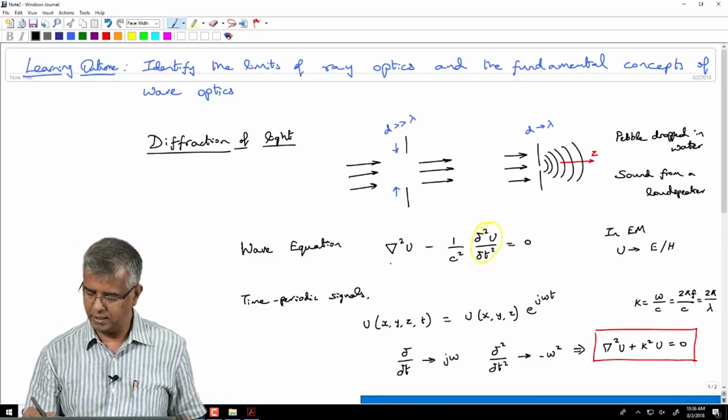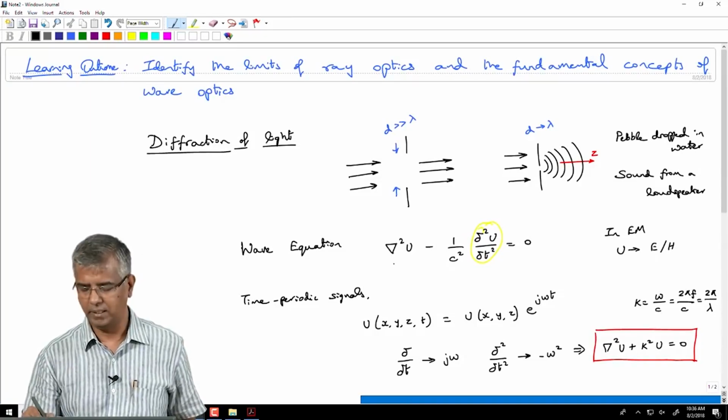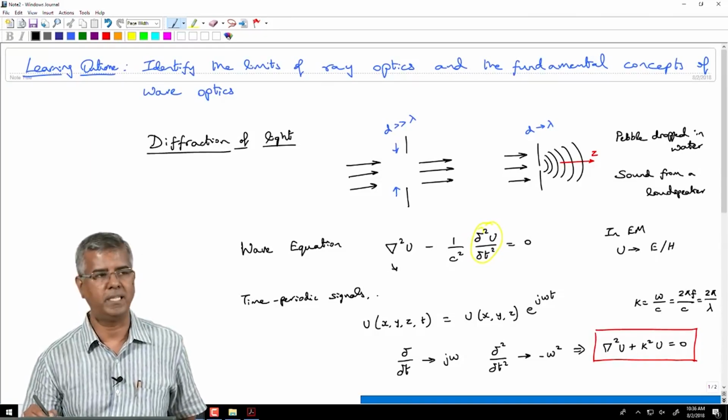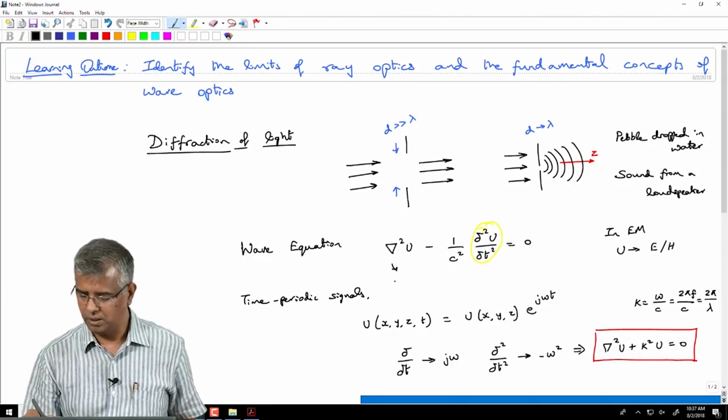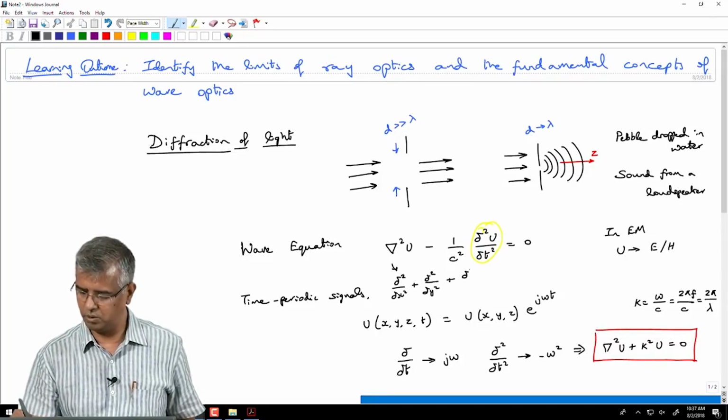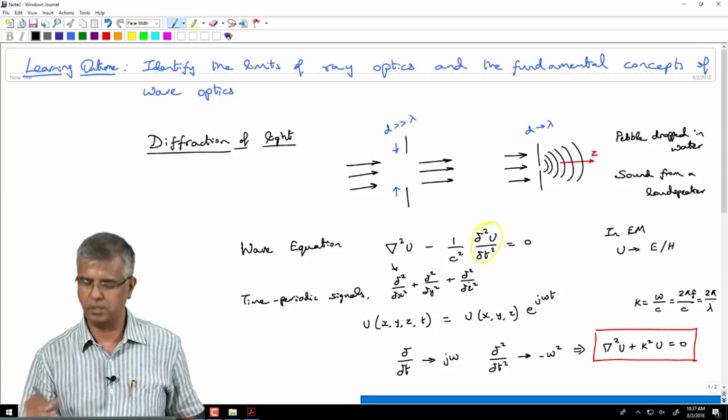If you go back here, this del square is actually a Laplacian. In Cartesian coordinates, this corresponds to dou square over dou x square plus dou square over dou y square plus dou square over dou z square.